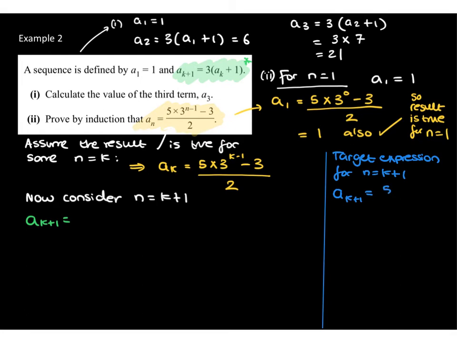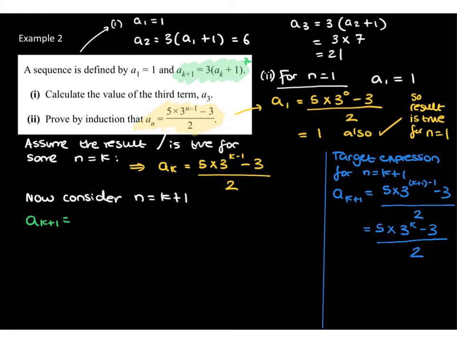We would be expecting 5 multiplied by 3 to the power of k plus 1 minus 1 minus 3 all over 2. Now how does that simplify? It simplifies down to 5 times 3 to the power of k minus 3 all over 2. So that is our target result that we are indeed aiming for. And we've got to get there using the recurrence relation and our assumption.